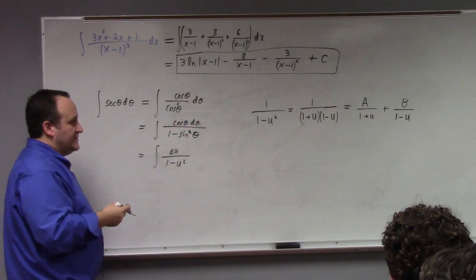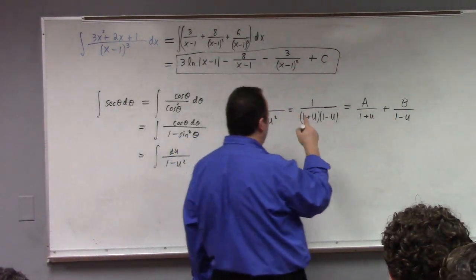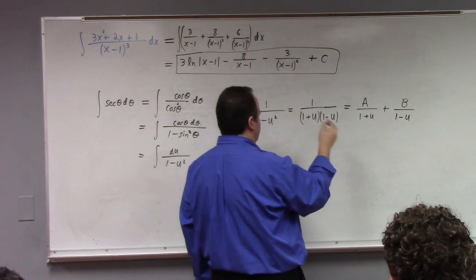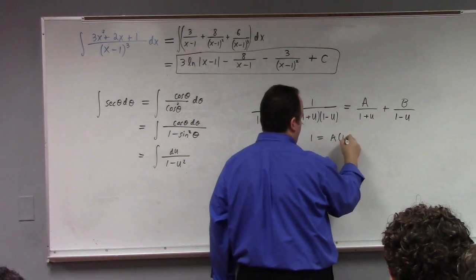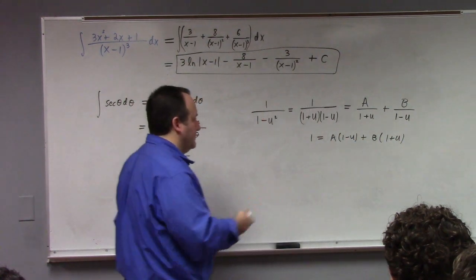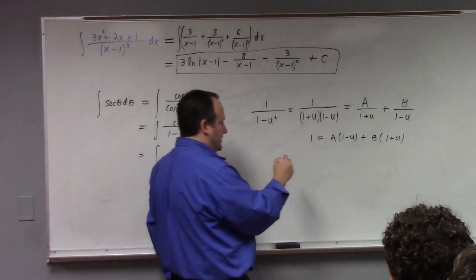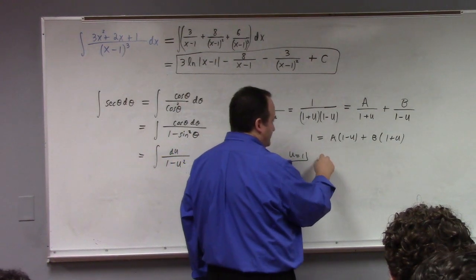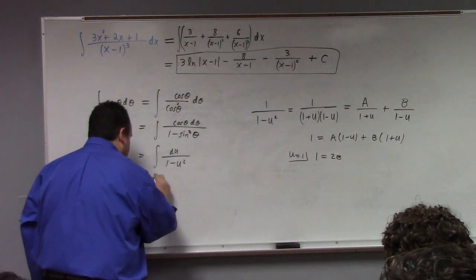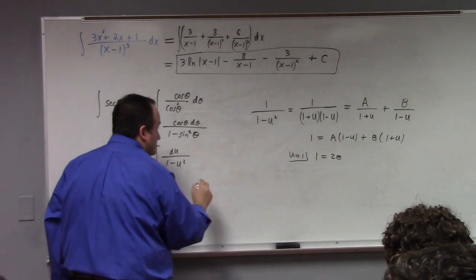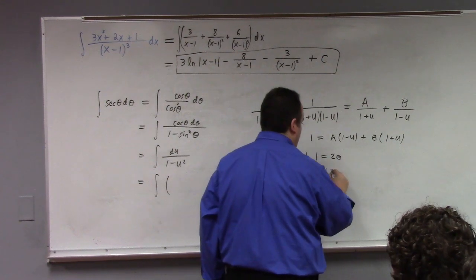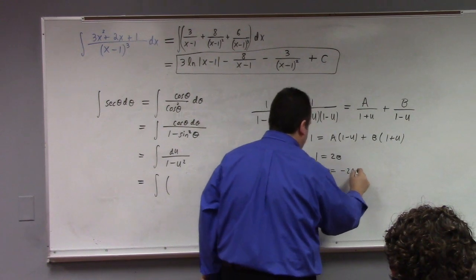If you tilt your head and squint, you can see what A and B should be. Let's see, I put u equals 1. So B is a half. And I think A is equal to minus a half.